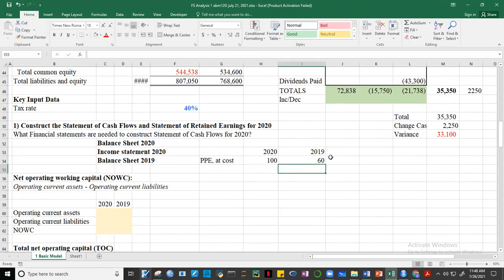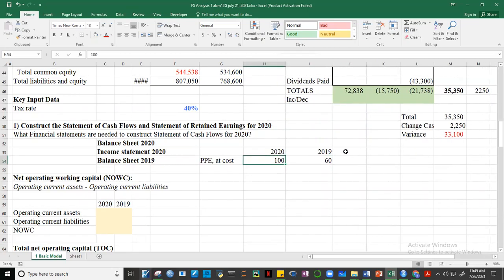So noong 2019 yung property, plant, and equipment niya at cost, ito yung talagang binili, yung amount talaga 60. Tapos noong 2020 naging 100 na. Okay, so what was the change here? The change was, nag-increase siya ng 40. So, the actual investment, guys, was 40.